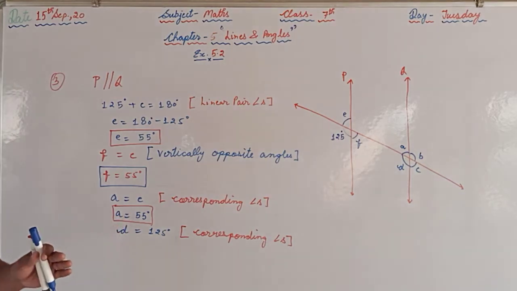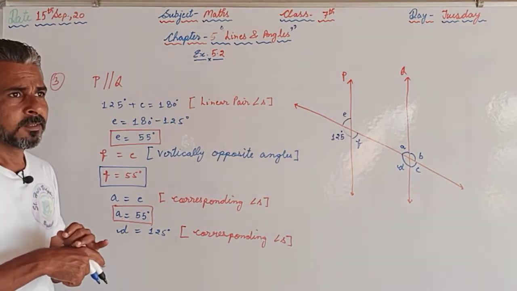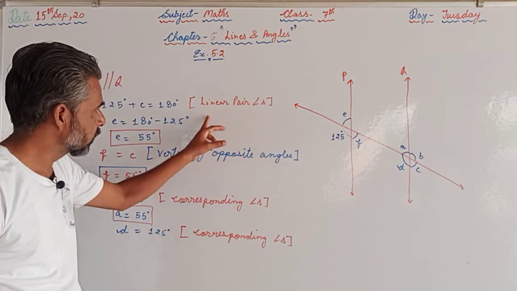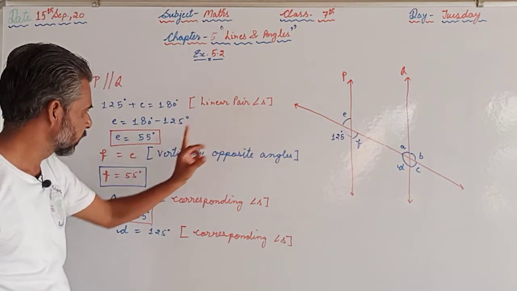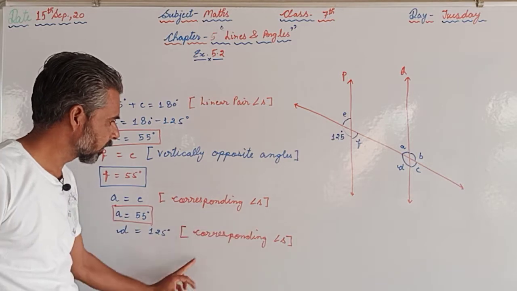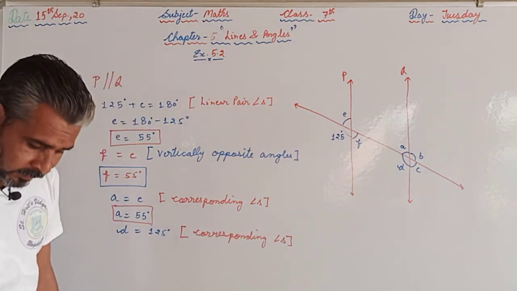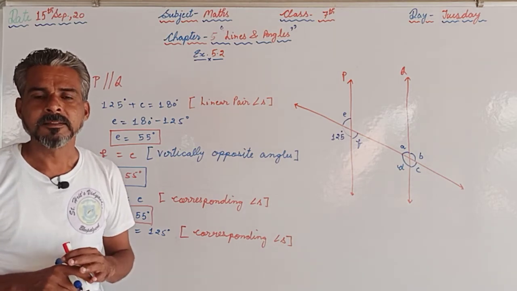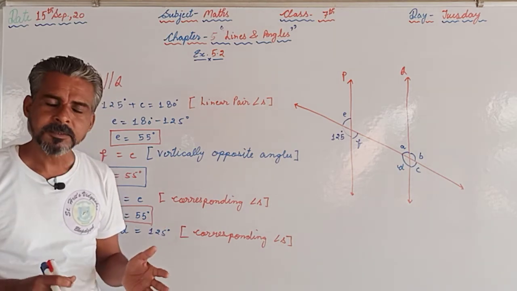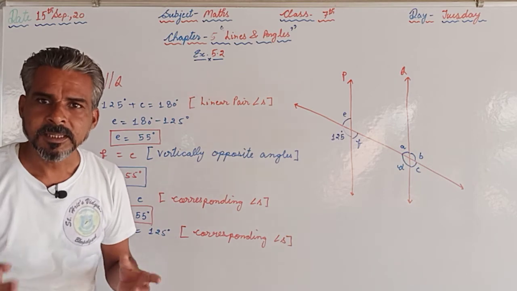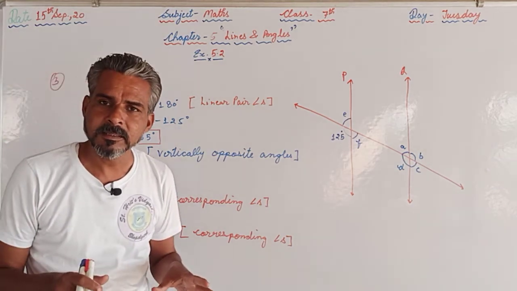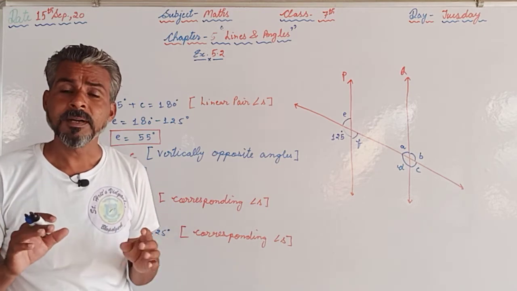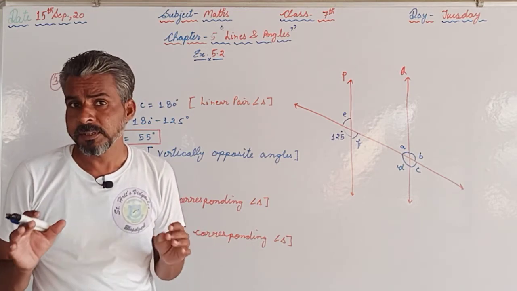But keep in mind, whenever we are writing that this angle is equal to this, we are supposed to supply the reason for each and everything. Here linear pair, vertically opposite angles, corresponding angles, or if alternate angles are there, then we are supposed to mention the alternate angles. Alternate angles, corresponding angles, vertically opposite angles are equal, but consecutive angles are not always equal.